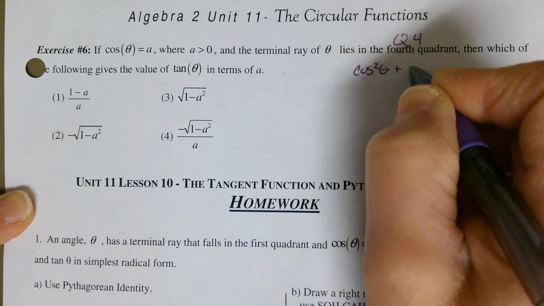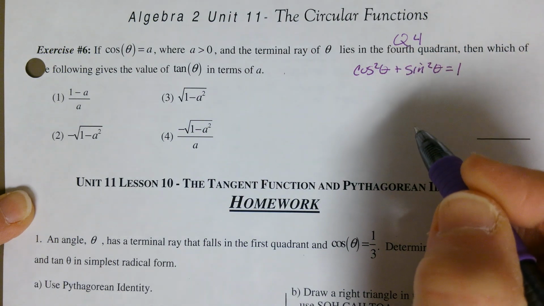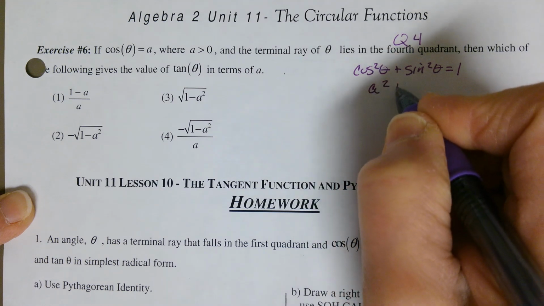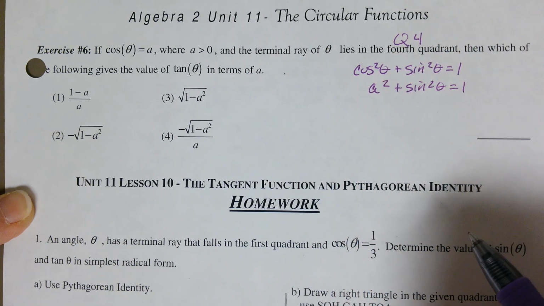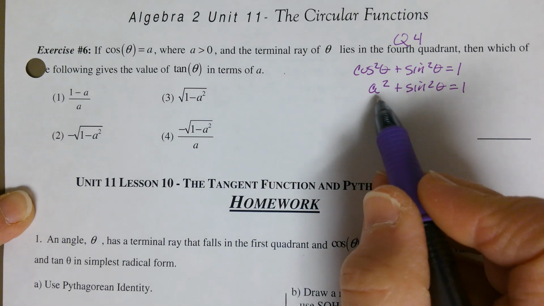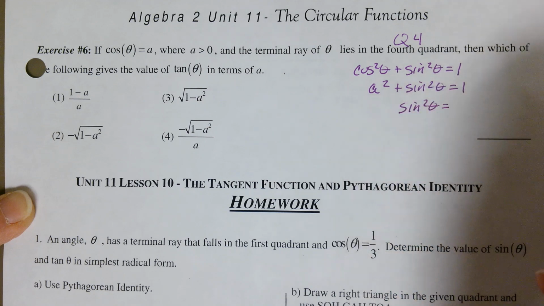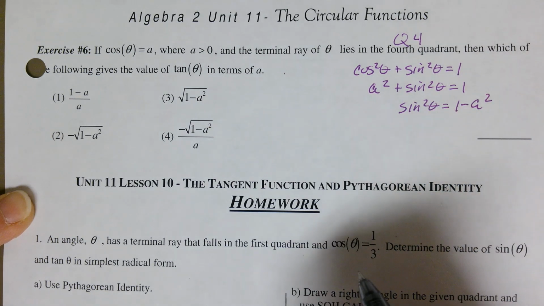Cosine squared theta plus sine squared theta equals 1. Cosine of theta is a, so we have a squared plus sine squared theta equals 1. Subtract a squared from both sides. Sine squared theta equals 1 minus a squared.